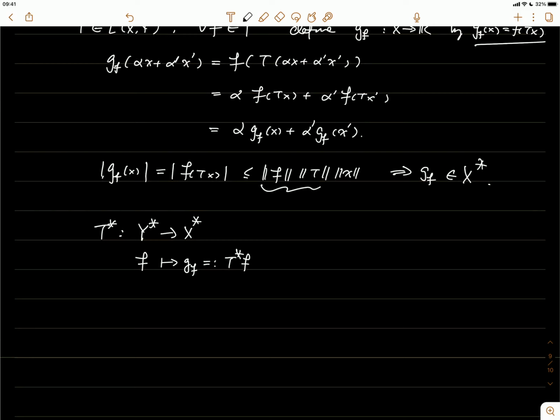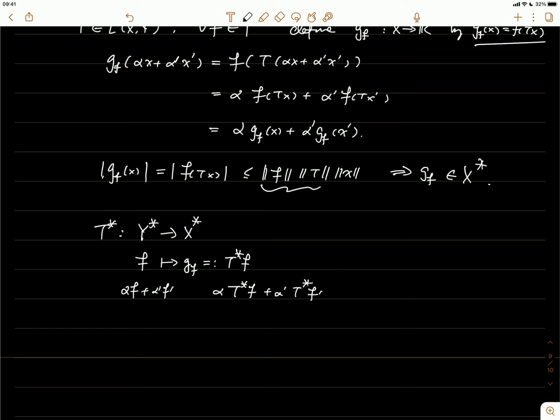And also, let's look at T star. It's pretty easy to show that T star is linear. As you can see, if you have alpha f plus alpha prime f prime, it can be easily shown that it's just mapped to alpha T star f plus alpha prime T star of f prime, where f and f prime are two elements in Y star.